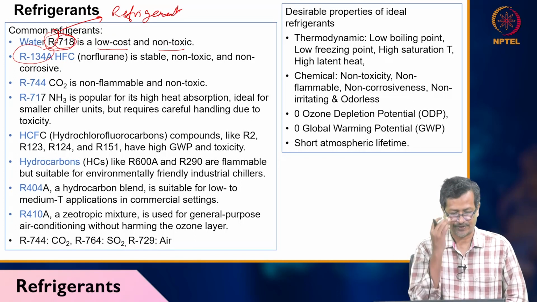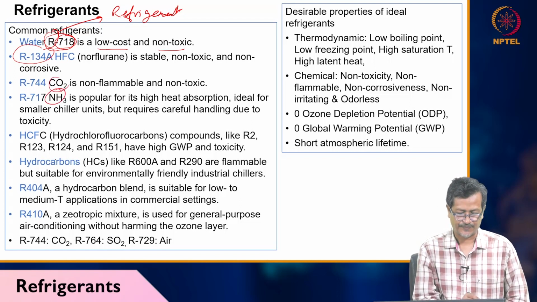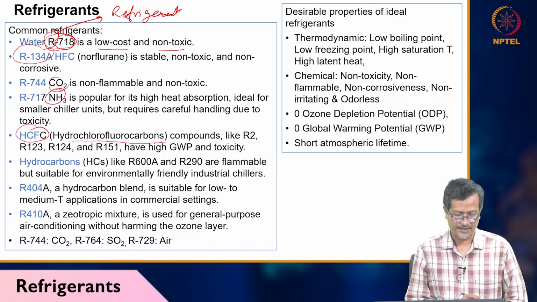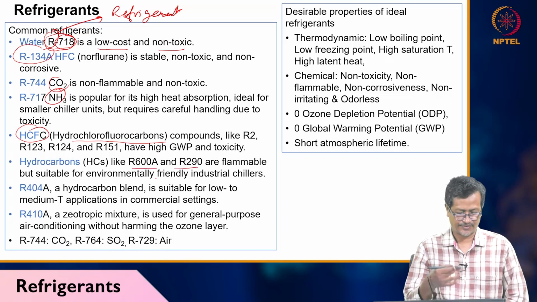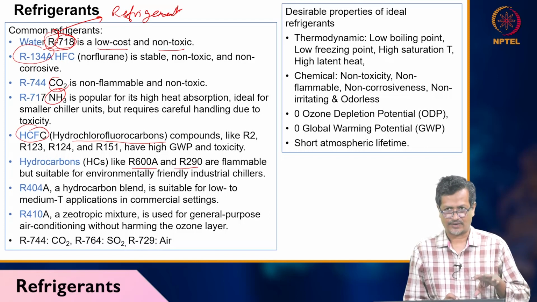So R134A, R744 carbon dioxide, ammonia, hydrochlorofluorocarbons (HCFCs) also have refrigeration properties, and hydrocarbons like R600A. So several refrigerants are there. There are ample names, but for our case we will study only the common ones.